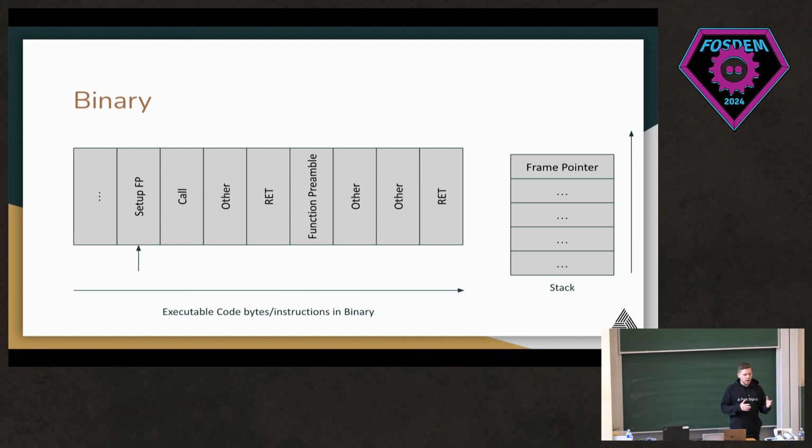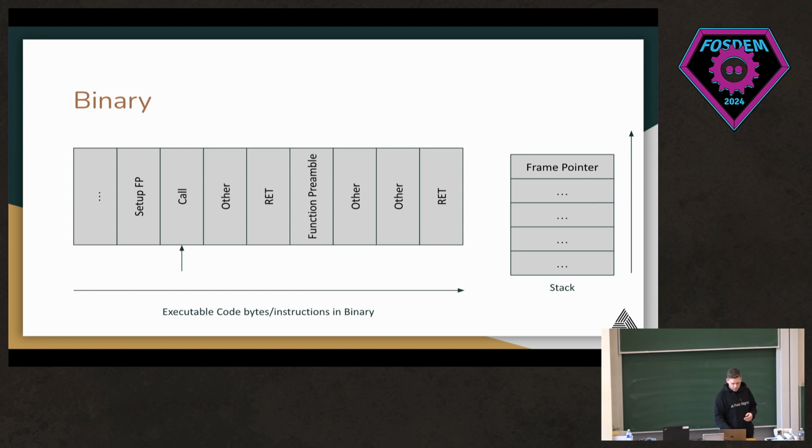So basically, in our binary on the left-hand side, we can see our setup frame pointer. So that's kind of the first instruction that our assembly is executing. It is putting the frame pointer onto the stack before then going and doing the actual call to the next function, right?